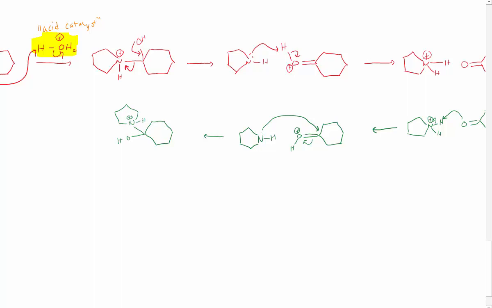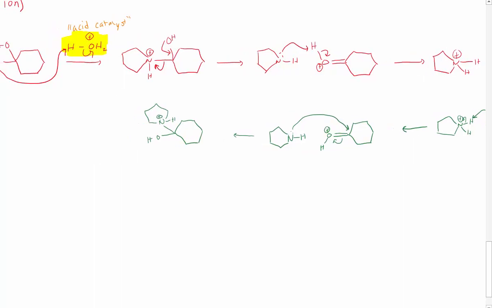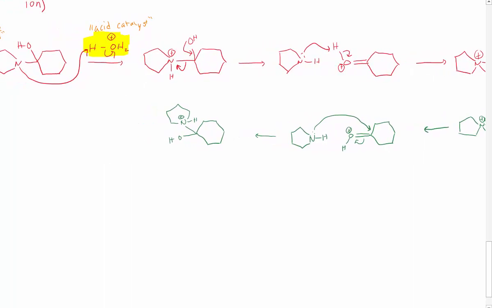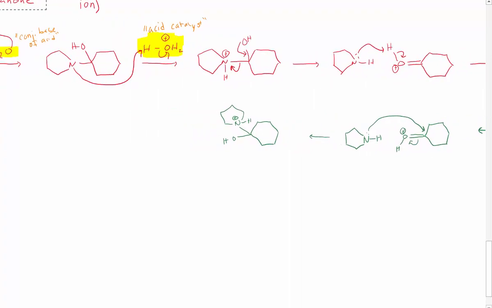The nitrogen should still have a positive charge now. In the next step, we need a base, a very weak base, the conjugate base of a strong acid, because we're thinking about this being acid type conditions. So here it is, deprotonating the nitrogen.